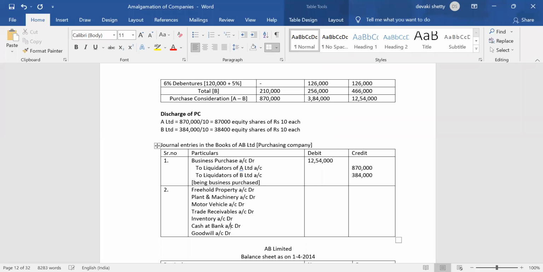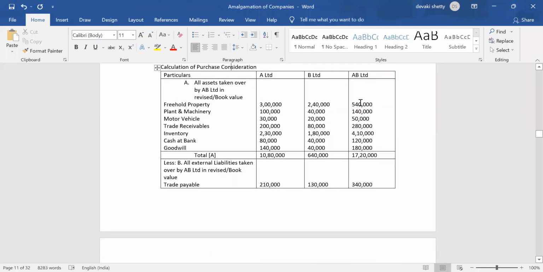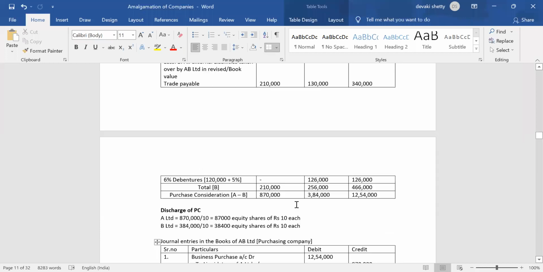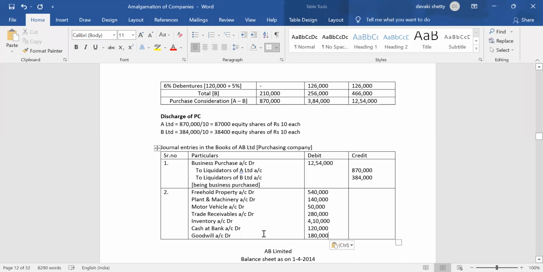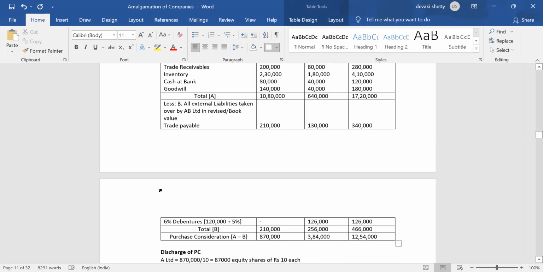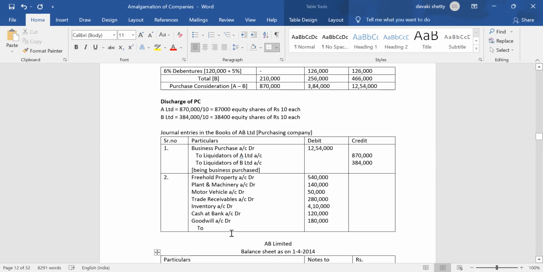Now we can also do it individually. What is total? Taken. Now liabilities, two liabilities are there. Trade payable 3,40,000 to trade payables 3,40,000.